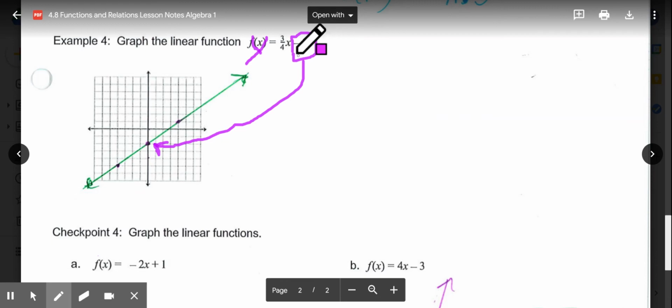And remember, you always graph that y-intercept first. So starting at 0, 0, over 0, down 2. Then we follow our slope, and the slope's always attached to x. So our slope is 3 over 4, which tells me, because it's positive, up 3, right 4. So from my y-intercept, I'm going to go up 1, 2, 3, right 1, 2, 3, 4, put my point, and then you can draw your line.